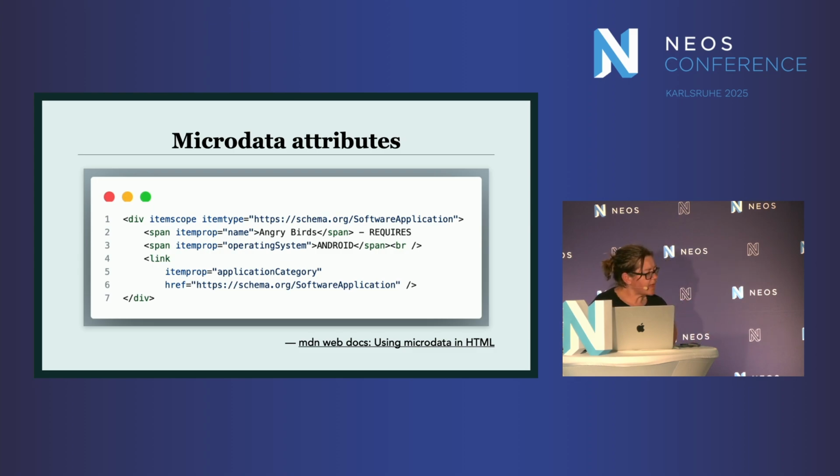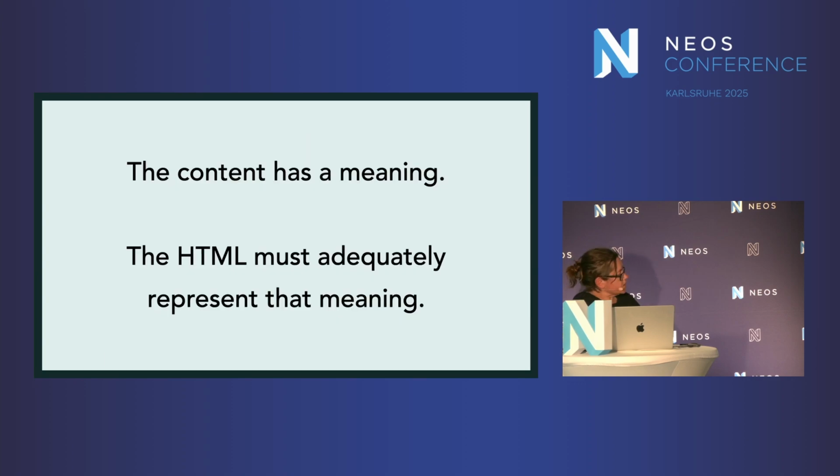I think the main use case is on search result pages, where companies like Google go ahead and take your microdata attribute and display your events, your job postings, your products directly within Google or Microsoft and Bing, etc. So to round this up, the content has a meaning, and your HTML, secondly, must adequately represent that meaning.